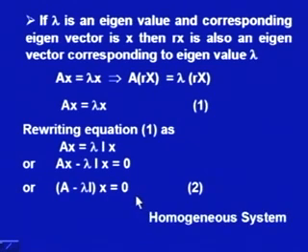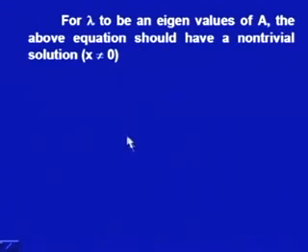So, this is nothing but a homogeneous system of n equations, because A is n dimensional. This homogeneous system will have a non-trivial solution. Why am I talking about a non-trivial solution? Because I am interested in x not equal to 0.